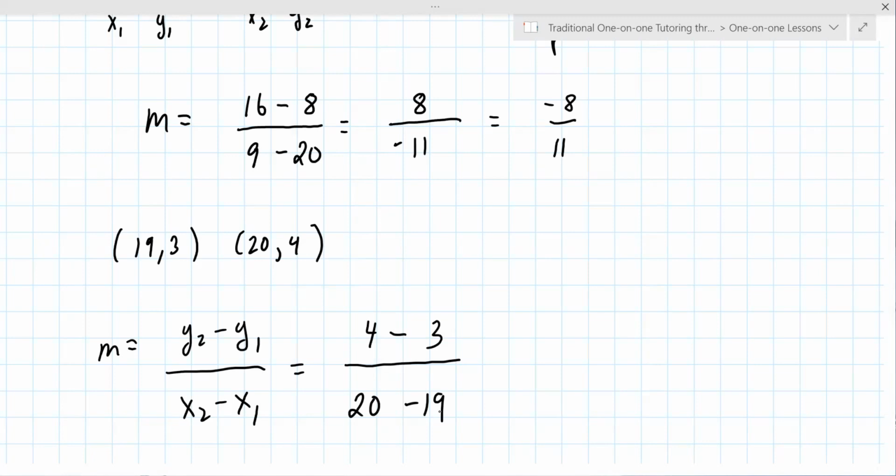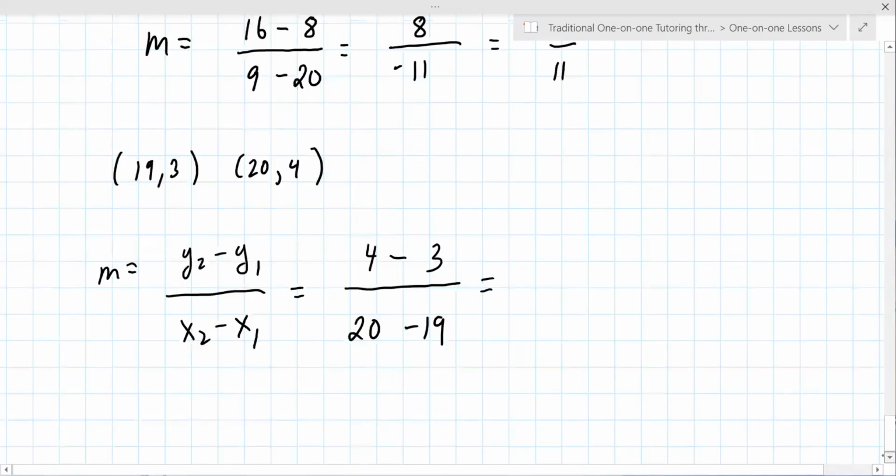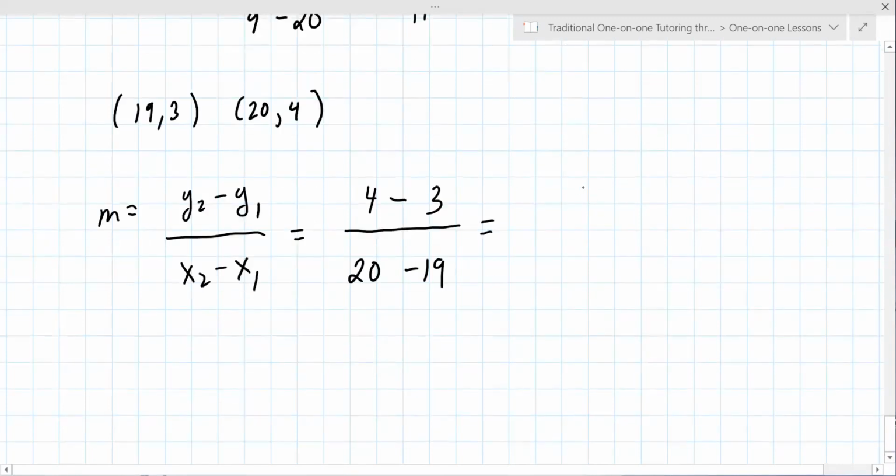What is 4 minus 3? 1, and 20 minus 19 equals 1 too. Good. So there's your slope.